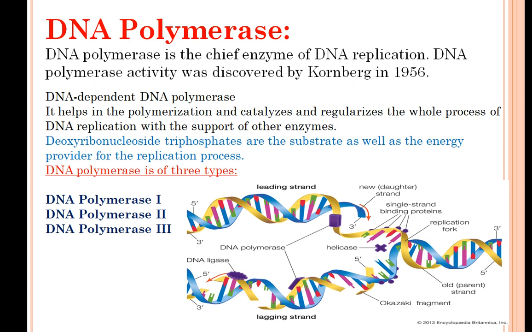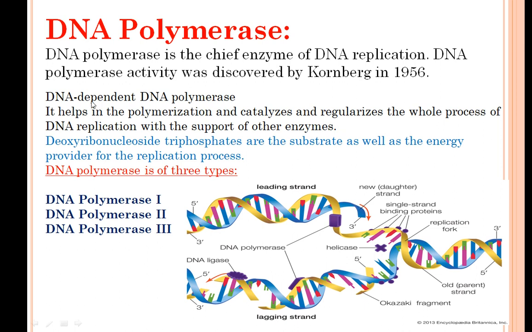He extracted and purified an enzyme from E. coli which was capable of linking free DNA nucleotides in presence of ATP as an energy source, to form a complementary strand, and he called it DNA polymerase. So DNA polymerase 1 is called Kornberg enzyme.